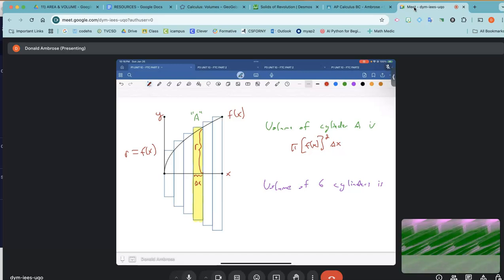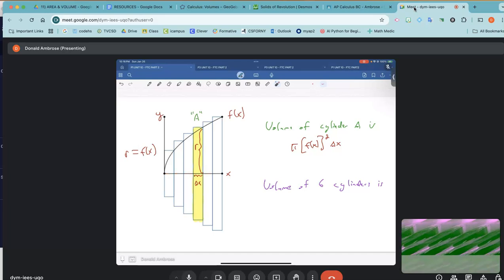Now, from here, we want to try to do the same for all of the 6 cylindrical disc cross sections that we have here. And the idea is that the volume of each of the other cylinders can be found in a similar way. The radius would be some f of x value, depending upon where the cylinder is located, and the width would be some delta x.